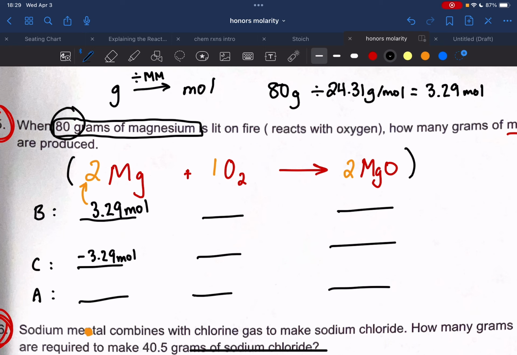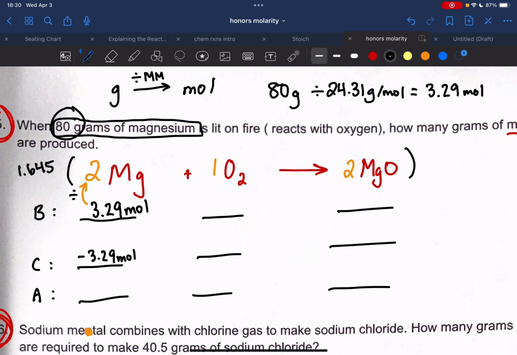So I can just do 3.29 divided by 2. I have to do the reaction 1.645 times in order to spend all 3.29 moles of that magnesium. So again, I just divided 3.29 by 2.